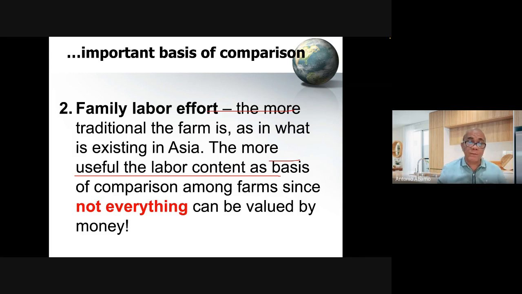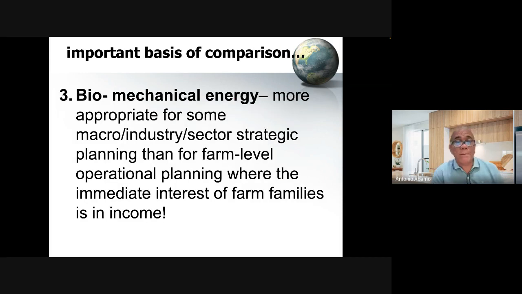So it becomes very important: labor effort or labor content. Biomechanical energy is appropriate for macro industry sector strategic planning. If coverage becomes broader, biomechanical energy can be of use. The immediate interest to the family is income.